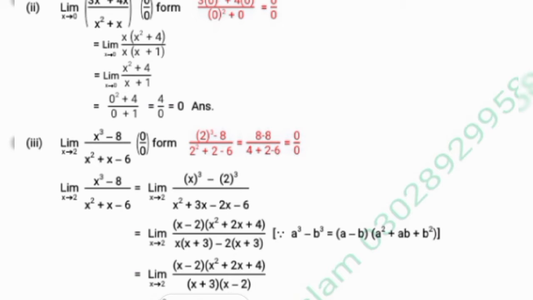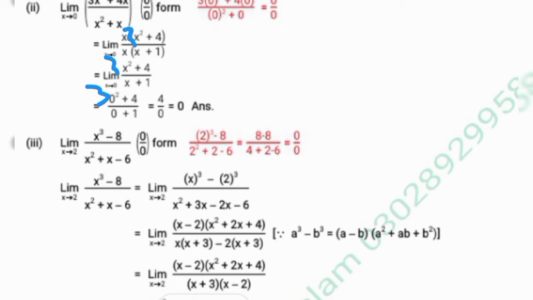There is a mistake in this question. It is 3x square. It is a typing mistake. The value of x is 0, so we will put the value of x as 0. It means 3 into x square, that is 3 into 0 square plus 4 will be written the same.